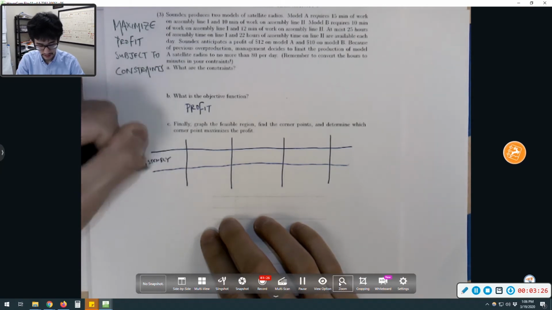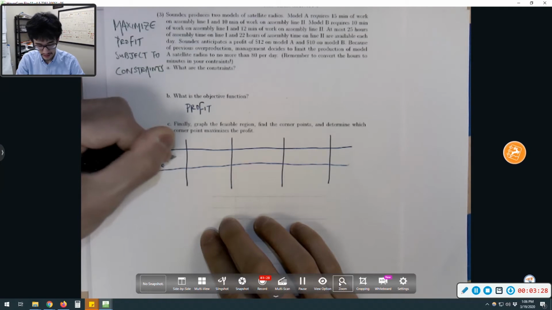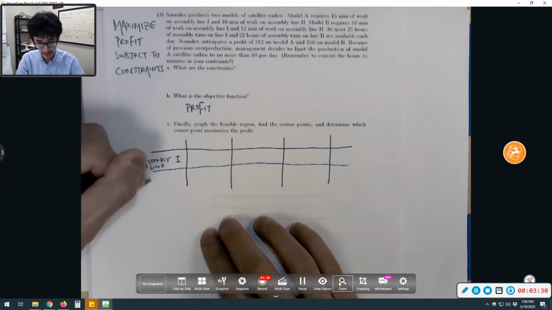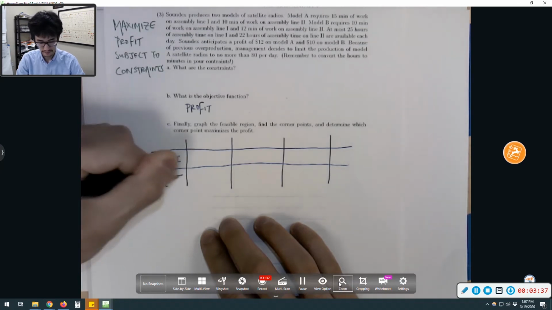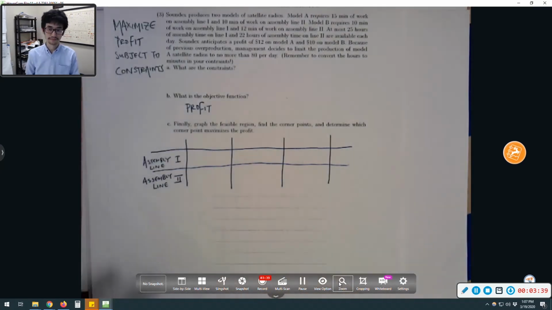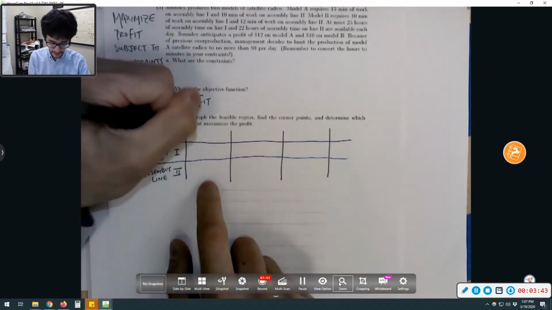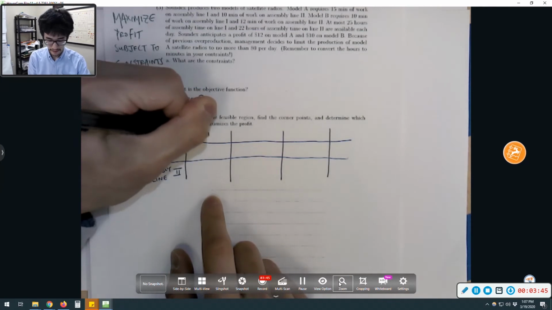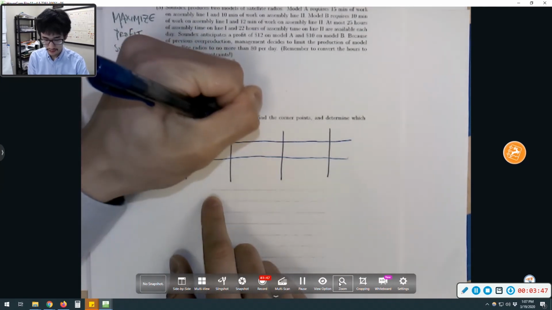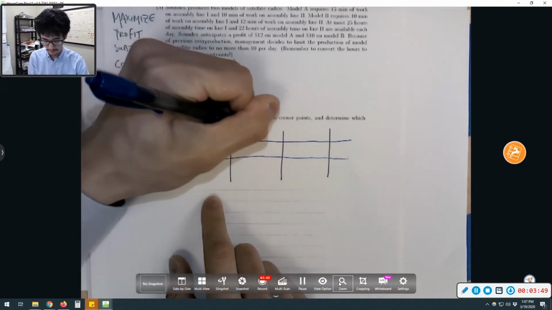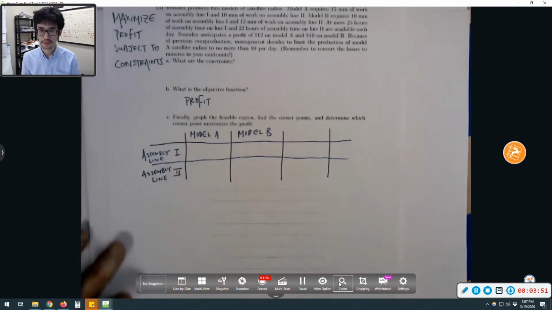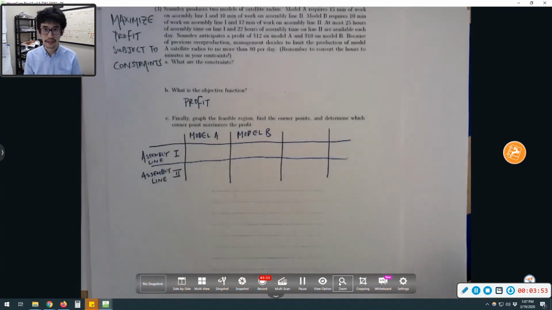So this is assembly line 1, and this is assembly line 2. Then we have Model A here, and Model B here. So we've got 2 types of radios, A and B, and 2 lines, 1 and 2.